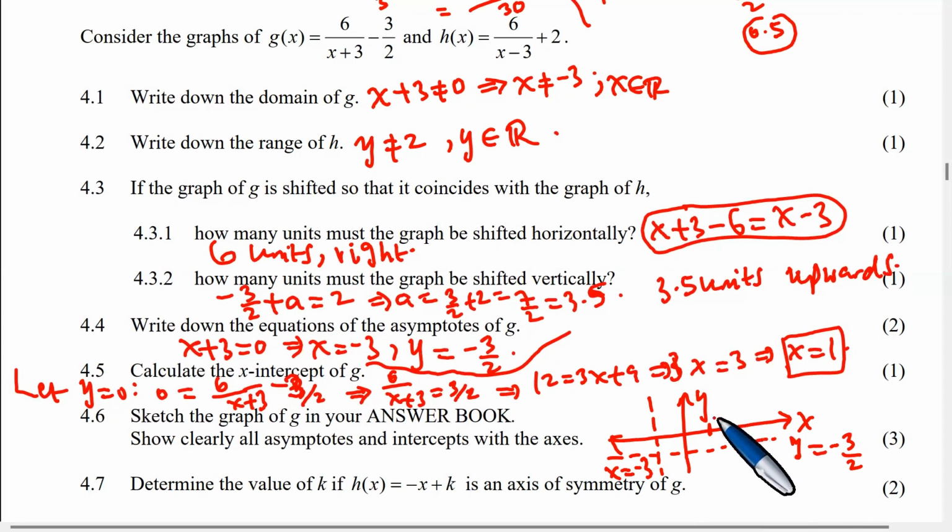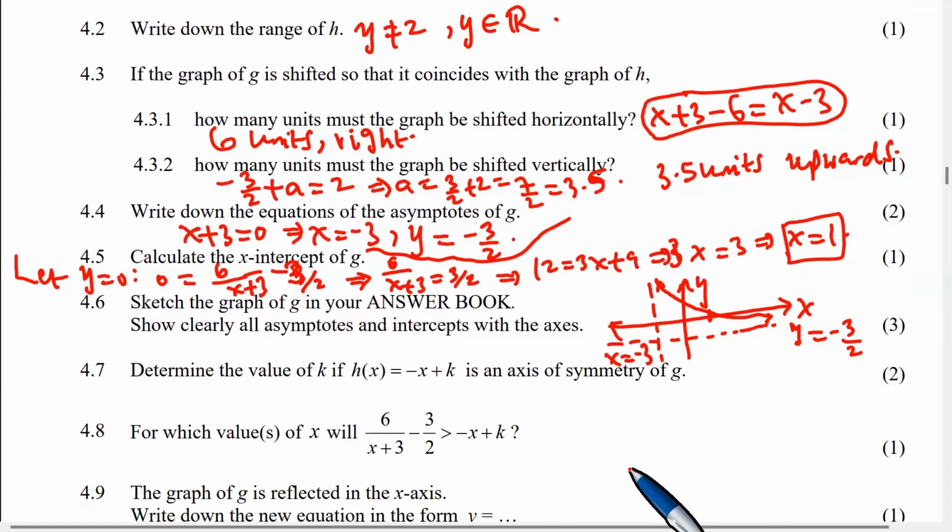Then your graph is going to have an x-intercept at 1, but it's also going to have a y-intercept. It's going to cut like this. And then there's another part of the graph, because this asymptote is going to go there, and this asymptote is going to go there.